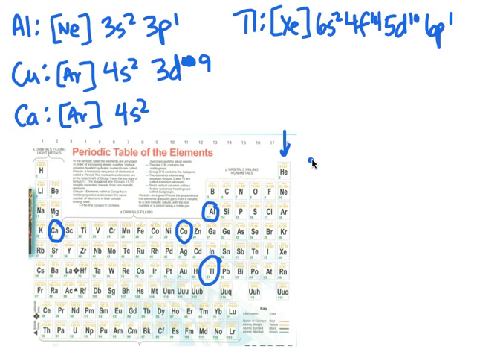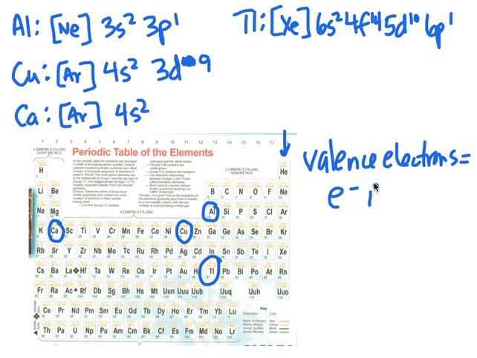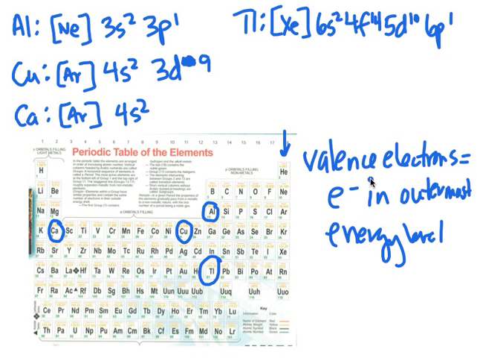Now if we want to talk about valence electrons, valence electrons are the electrons in the outermost energy level of an atom.